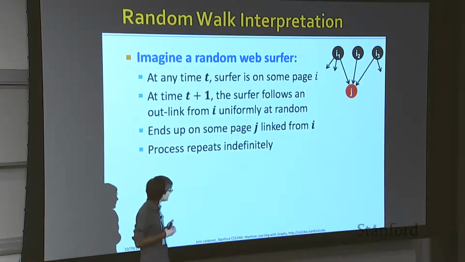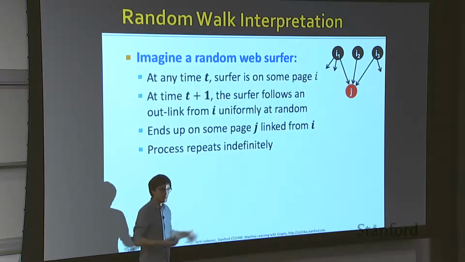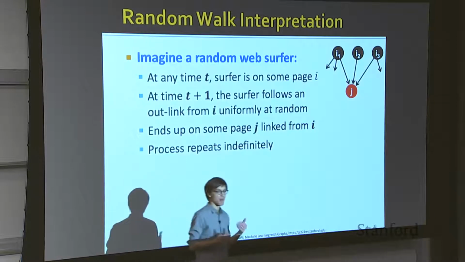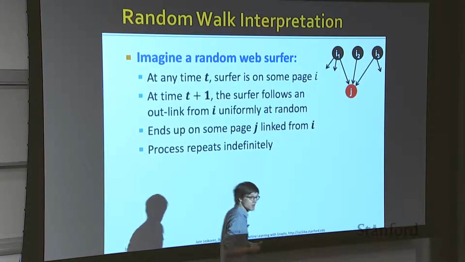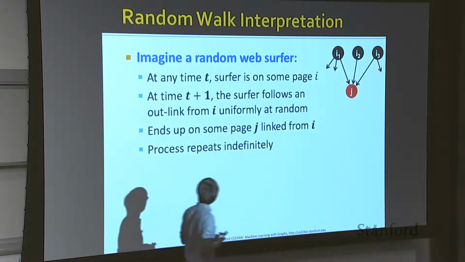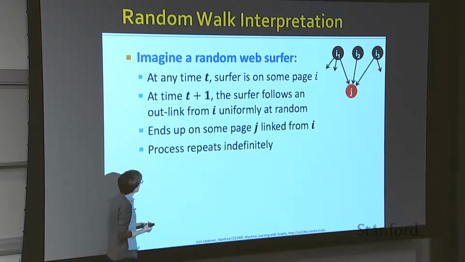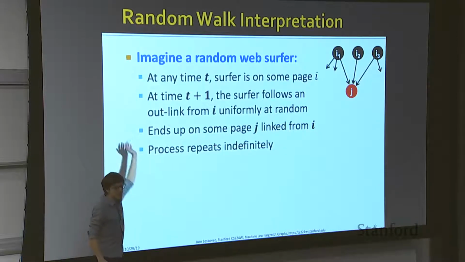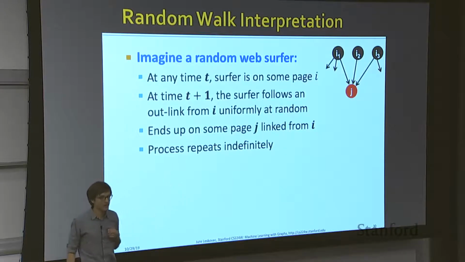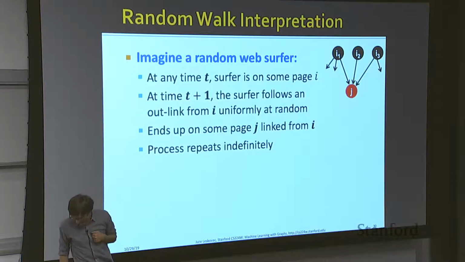Surfer comes to the node, looks at the outgoing links, picks one at random and makes a step. And then again to a new node, picks one of the outgoing links at random and takes a step. And that's what the surfer does, right? And this surfer is a random surfer, never gets tired, surfs infinitely long this web graph. Basically randomly walks across this web graph.